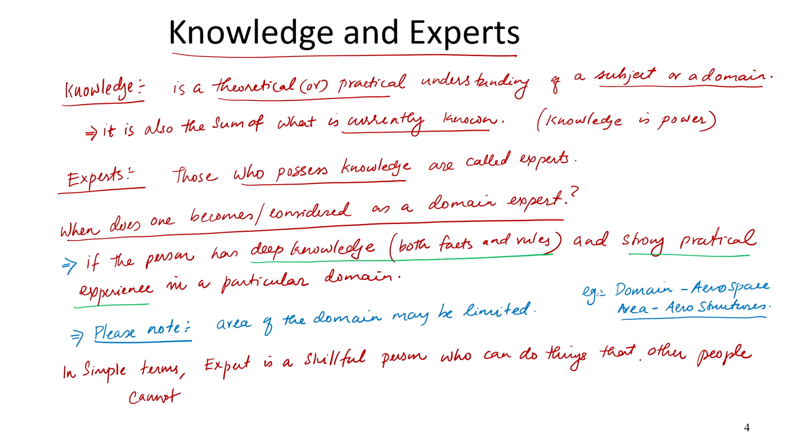Why can other people not do this? Because other people do not have the deep knowledge of both facts and rules and strong practical experience. That is the other way to think about an expert. The skill comes from practical, hands on experience and deep knowledge. But remember, the domain expertise can be, or most of the time will be, very well limited.